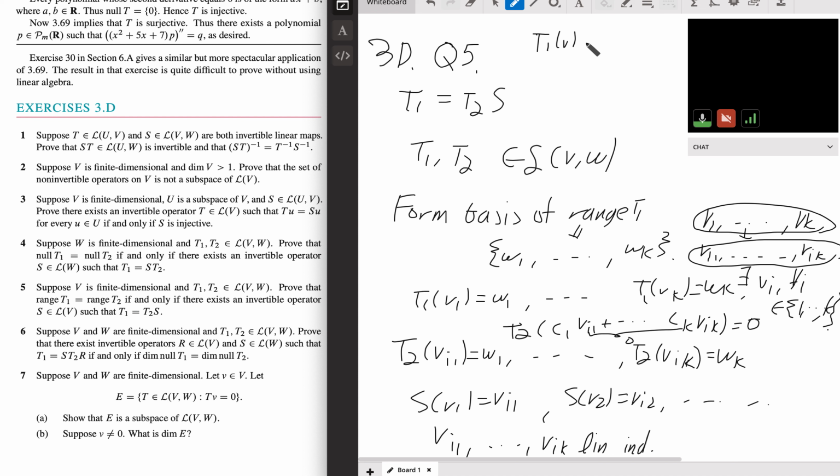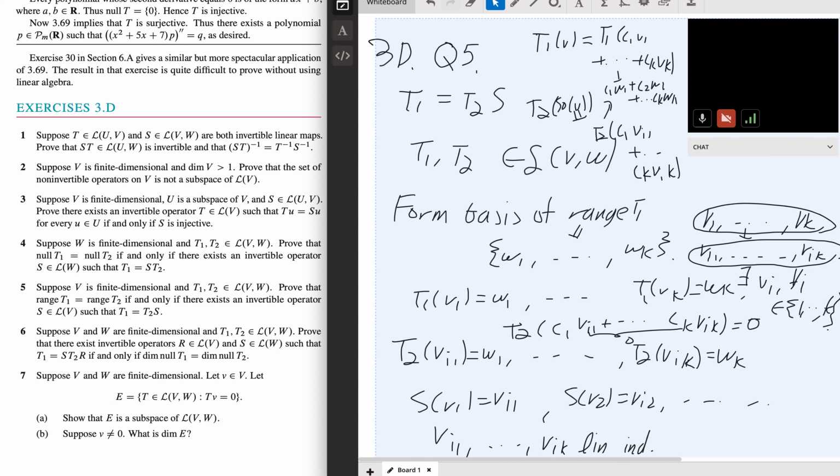Because let V equal C1 V1 plus through CK VK. T2 composed with S of V gives you C1 Vi1 plus through CK Vik, and the result on both sides is just going to be C1 W1, C2 W2, through CK WK. So that means the two functions are indeed equal.